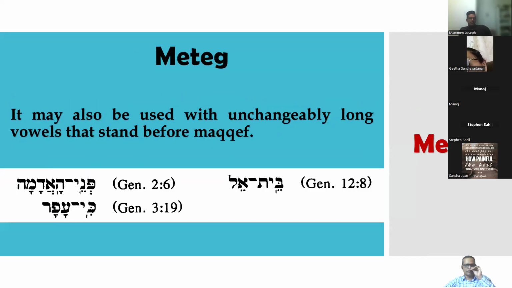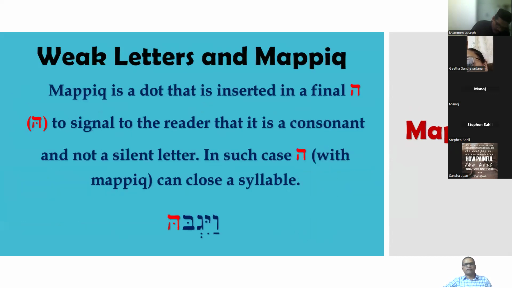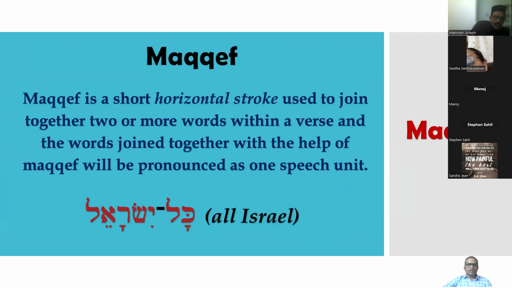The last point about metek is that it is always used with unchangeably long vowels that stand before makaf. So what is makaf? Let me tell you about makaf and then come to this metek point. Makaf is simply a horizontal stroke.